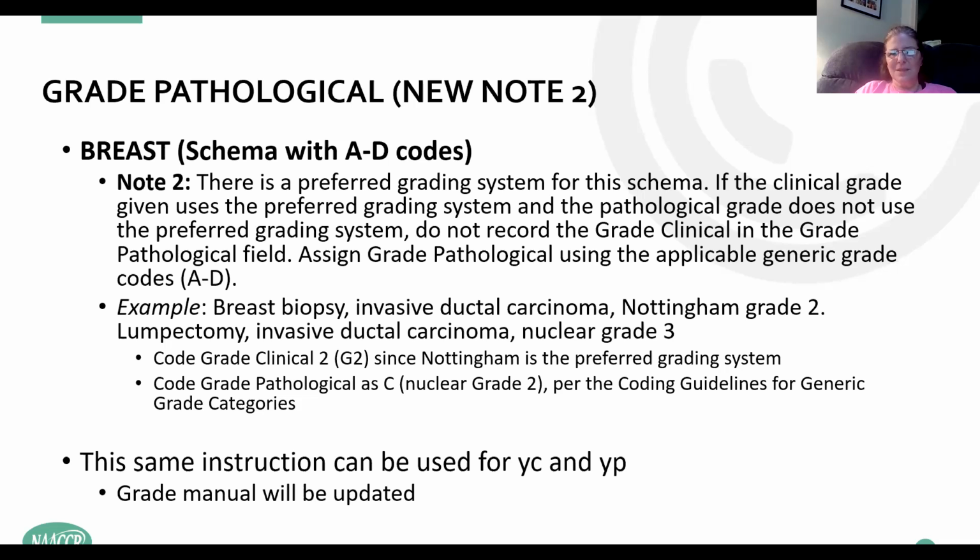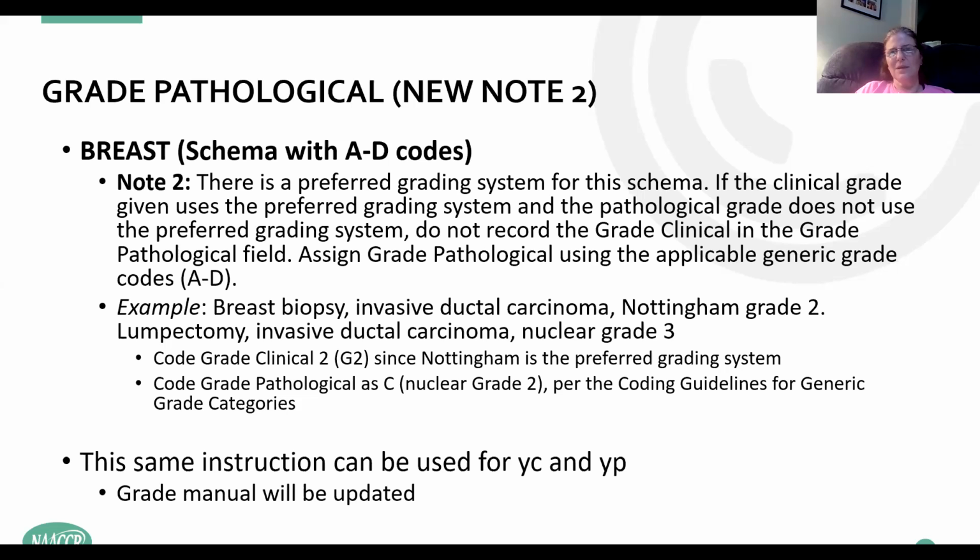This is when Nottingham takes priority or Gleason's takes priority, or even the nuclear grade system can take priority. If the clinical grade given, so we're in grade pathological, if the clinical grade given uses the preferred grading system, so example, let's say we have a breast case, they say it's the Nottingham grade 2, and the pathological grade does not use the preferred grading system, using something like ModDiff, do not record the grade in the clinical and the grade pathological field. Assign grade pathological using the applicable generic grade codes, which are A through D.